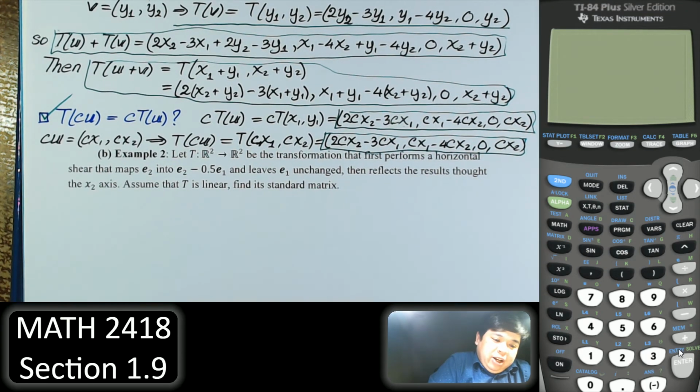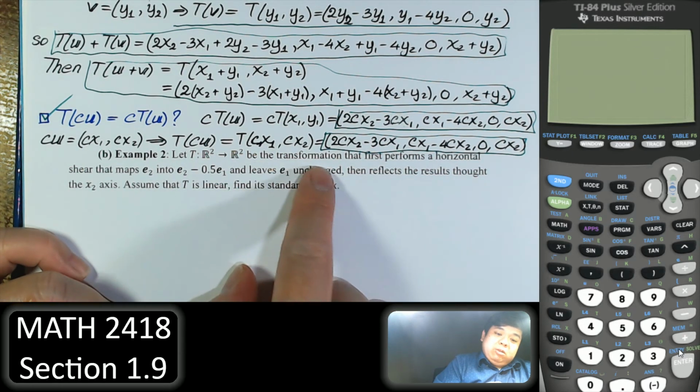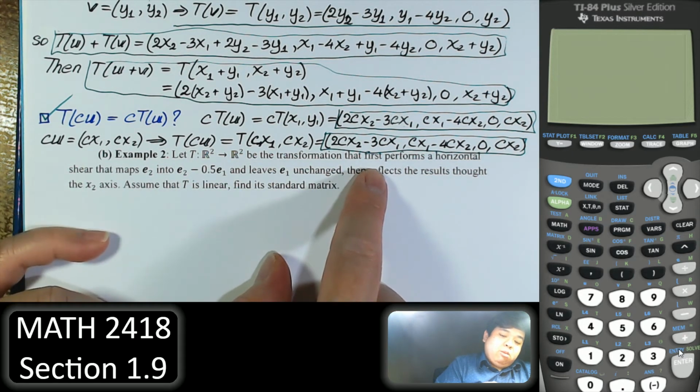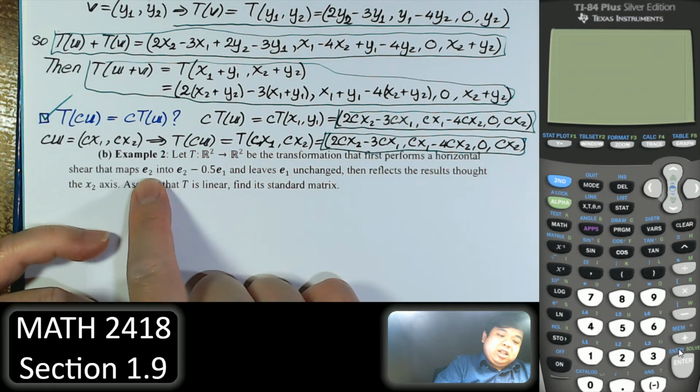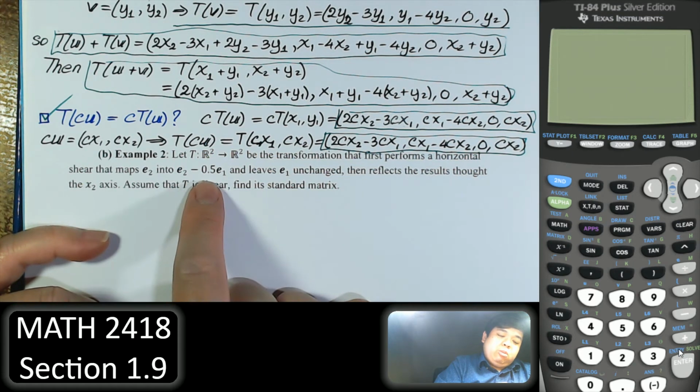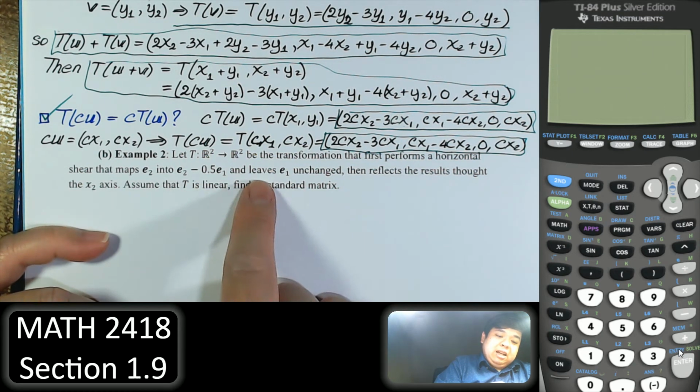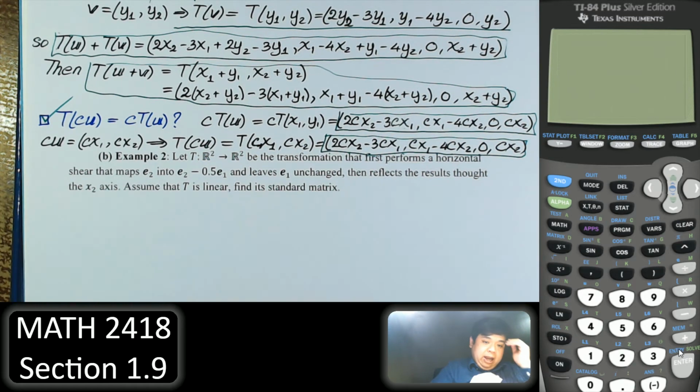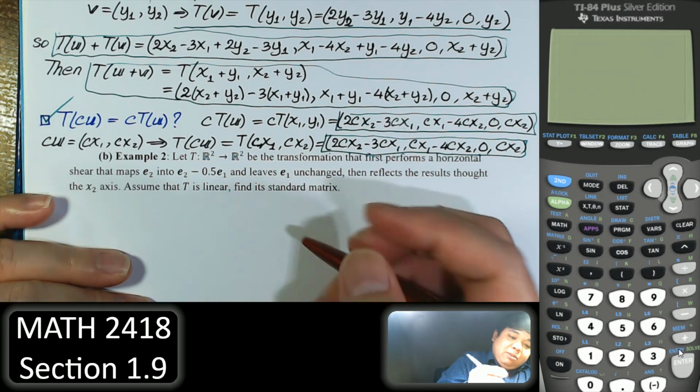Right. Now the next one is a little more complicated. Let T be the transformation that first performs the horizontal shear, mapping E2 onto E2 minus 0.5 E1 and leaving E1 unchanged, and after that reflects the result through x2. Right, and of course, find the standard matrix.